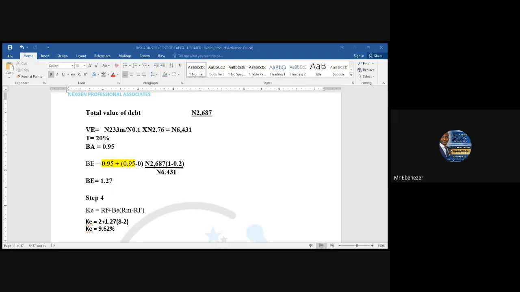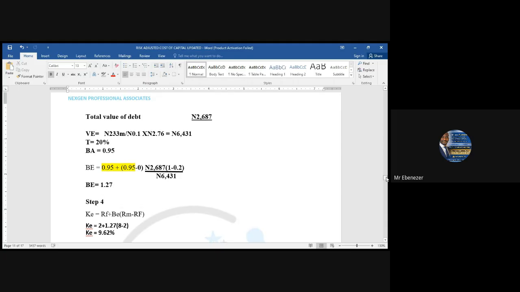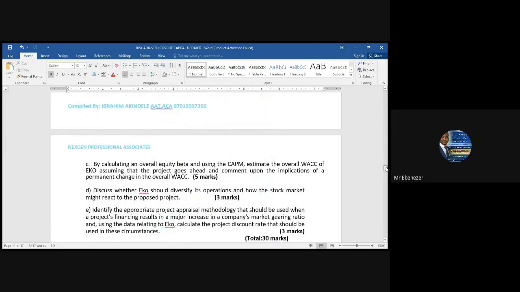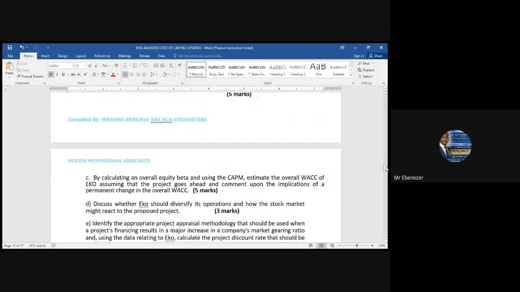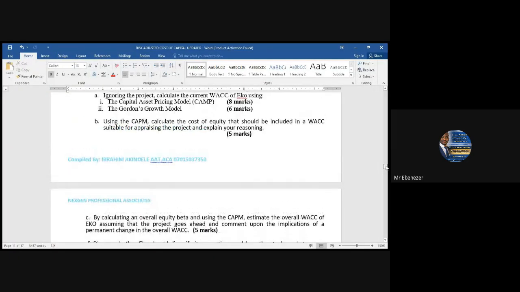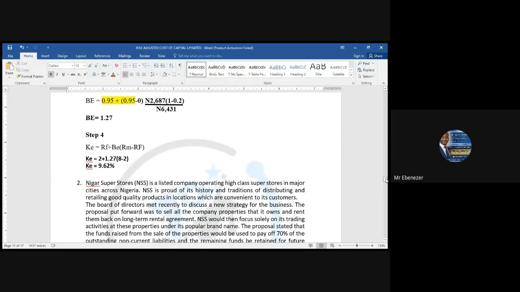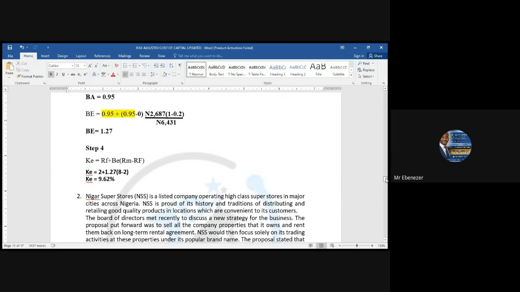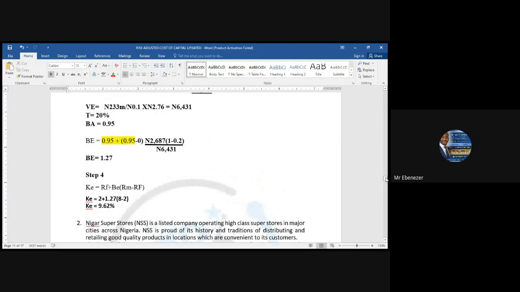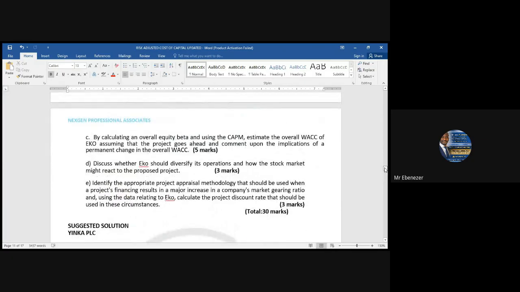So we have 9.62%, and that is the answer to the B part of the question. Explain your reasons that the project-specific cost of equity includes the risks of the new business. Finish, right? You take your 5 marks, you move on.